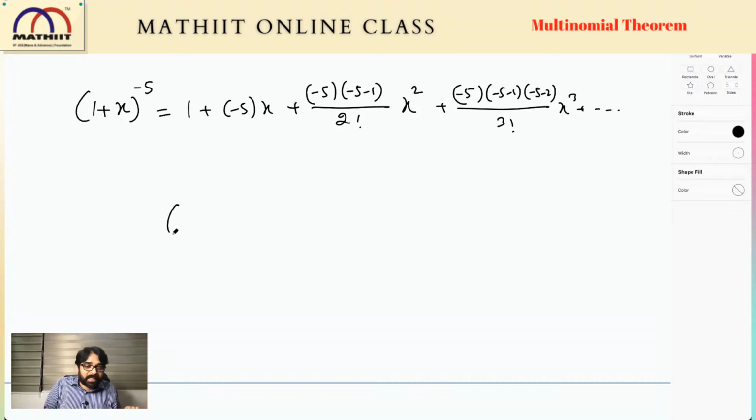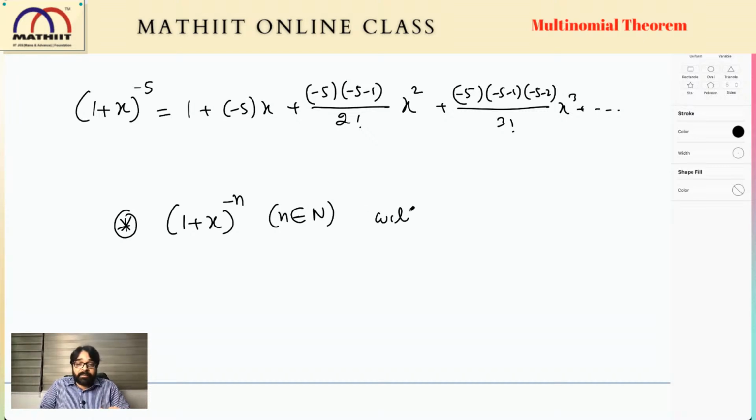So if I say (1 plus x) power minus n, be clear, n is a natural number. That's why I wrote minus n. n is a natural number, so minus n will be a negative integer.